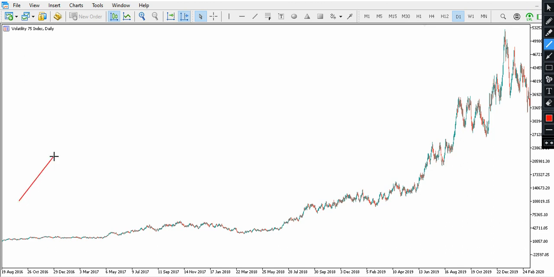We will start our examples with an uptrend first. We have this move up, then price came down, moved up again, then came down, and then moved up again.